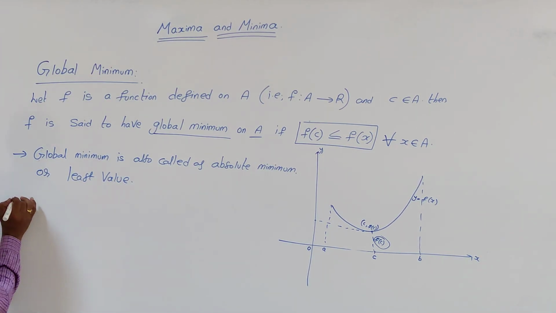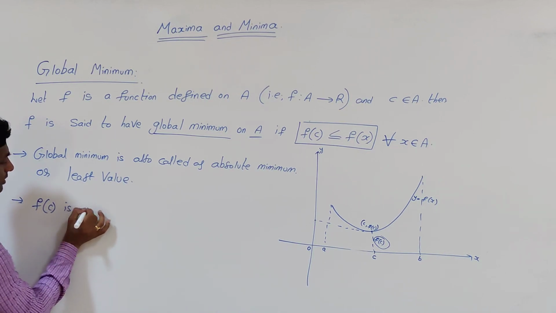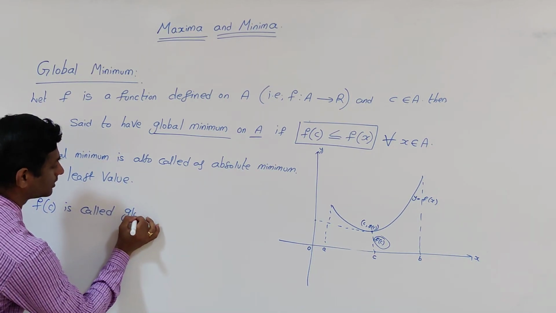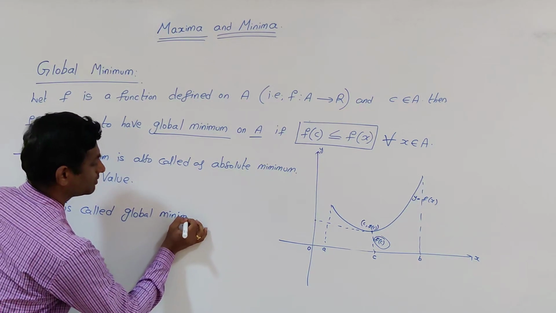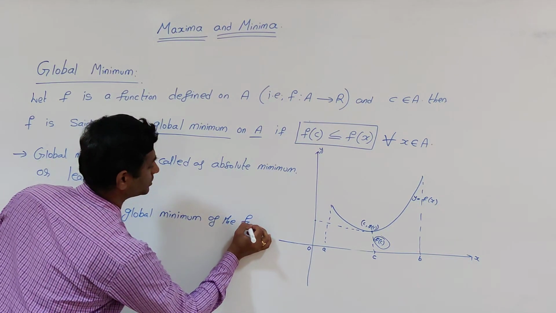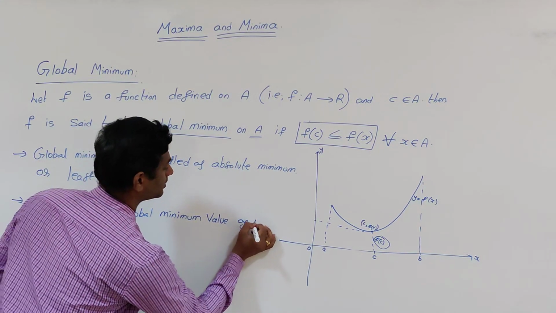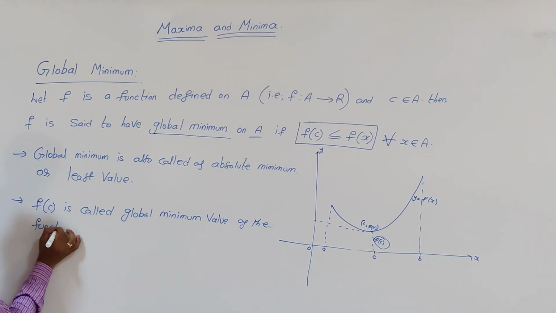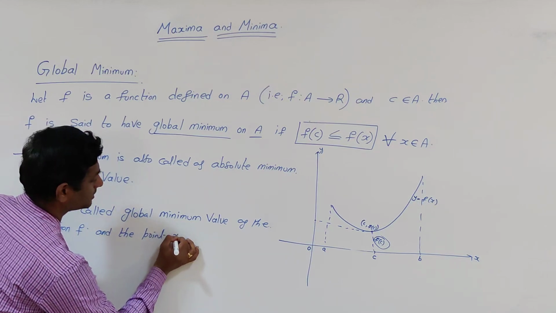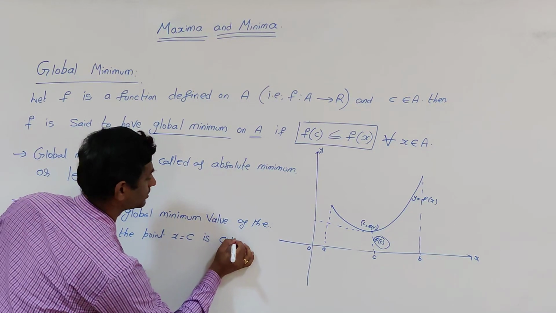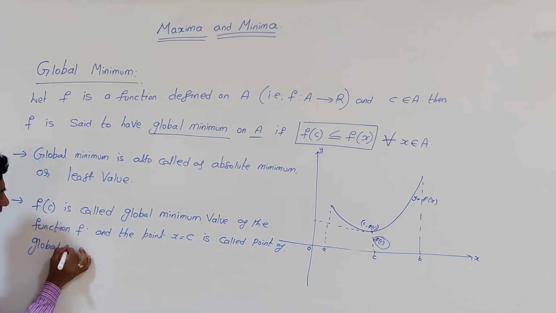Next, the point f(c) is called the global minimum value of the function f, and the point x is equal to c is called the point of global minimum.